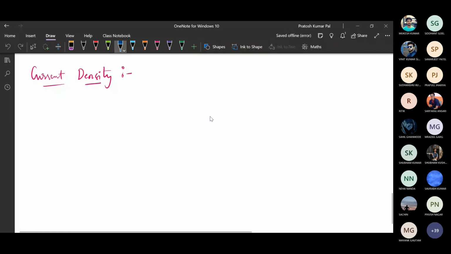Suppose this is the conductor, and it has a length L, and this is its cross-sectional area.